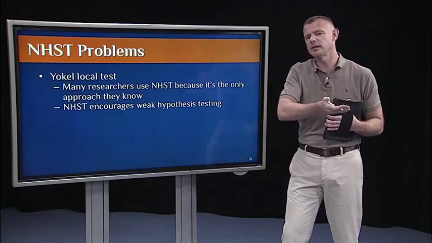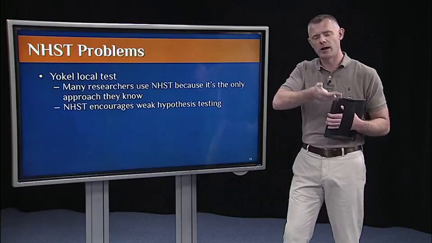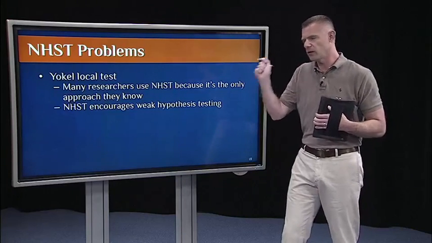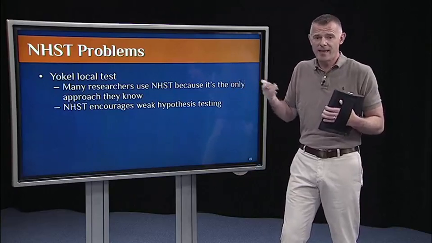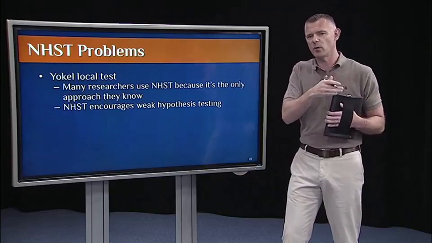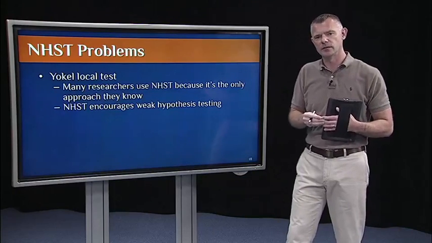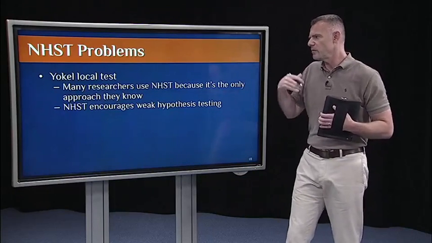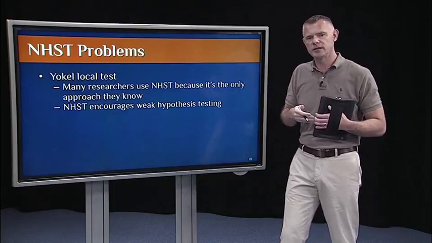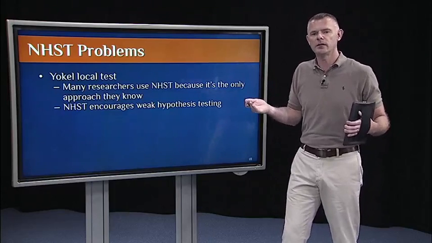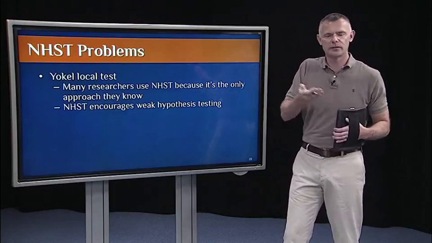They took one statistics course in graduate school on their way to a PhD, and they learned how to do an NHST, and that's it. They learned p less than 0.05 means statistically significant, and that's how they conduct their research. So that's what I mean by yokel local. It's just the custom, and it's the only thing you've learned, and that's your reason for doing it.